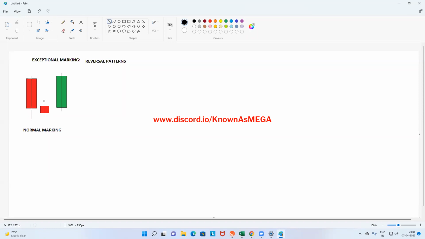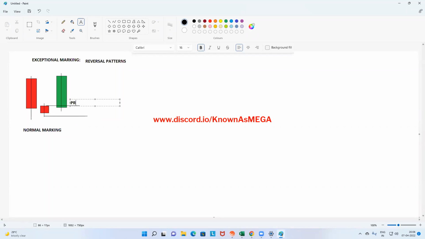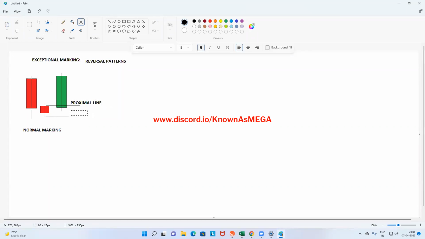Right. So in normal marking, what we would do, highest base, right? For marking demand zone, highest base and lowest wick. Correct. So this would be our proximal line. Distal line. Correct. But if you see, understand the price action.